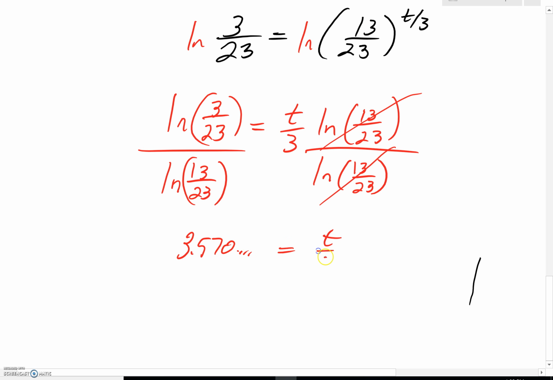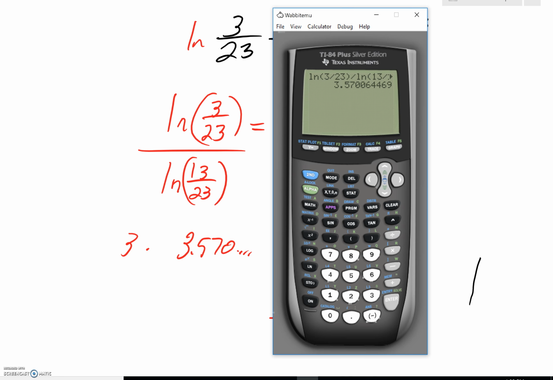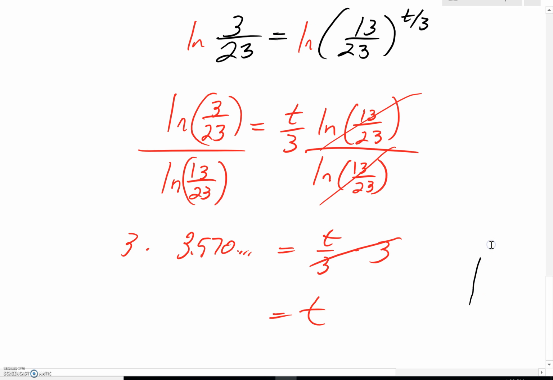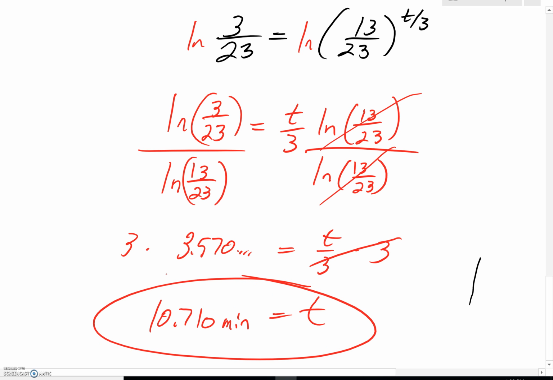And I hope you can see our last step. Just multiply by 3. And since you still have that on the calculator, just say times by 3. And we're getting about 10.71 minutes. 10.710 minutes for the cake to cool. And that's our lesson.